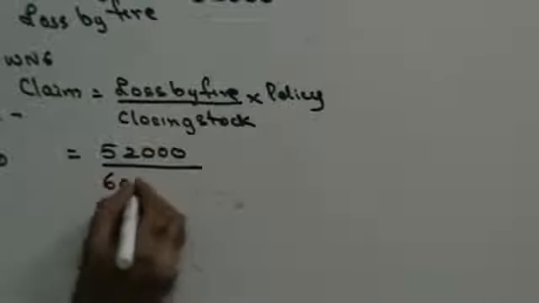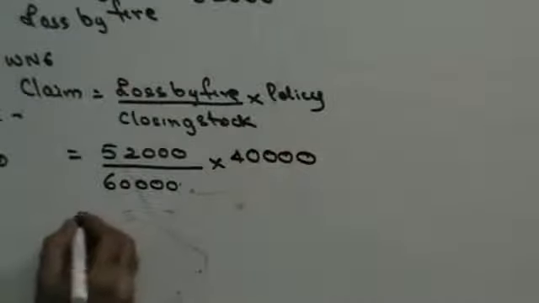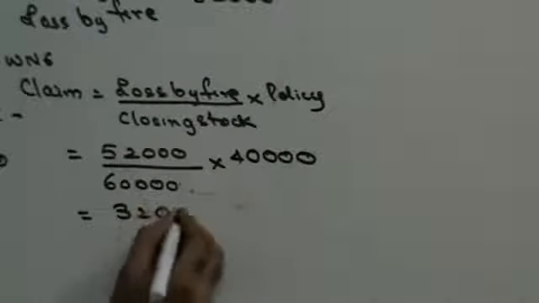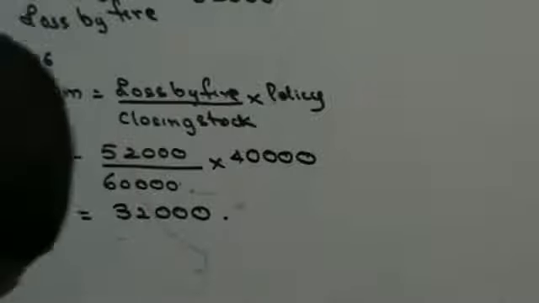Closing stock is 60,000, and policy amount is 40,000. How much is the policy amount? 40,000. So in that case, when you work this out, this will come out to be 32,000. So the claim that you will get here is 32,000.